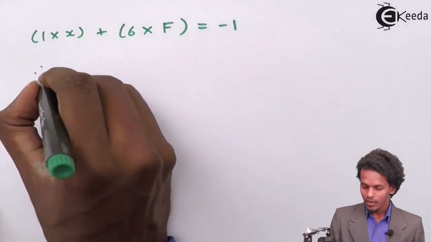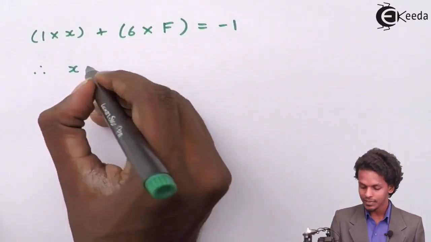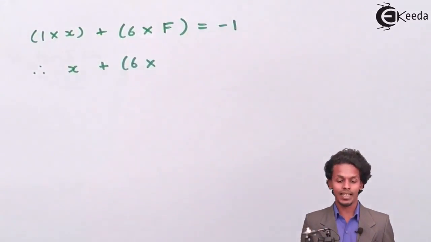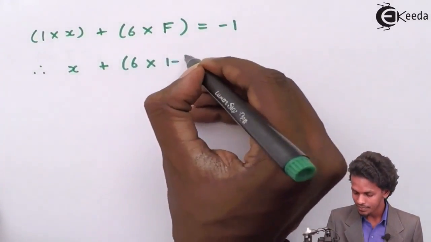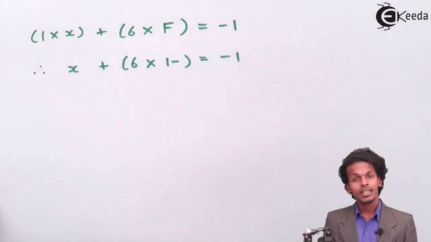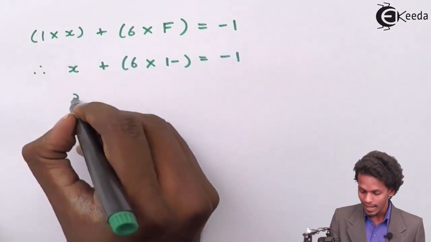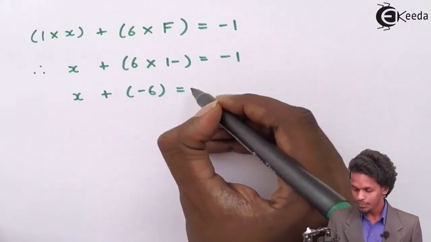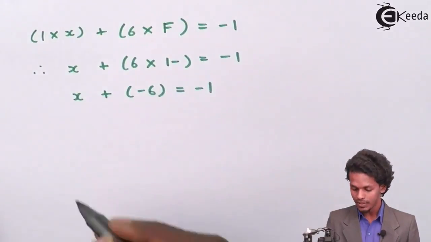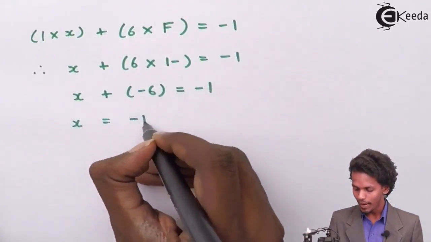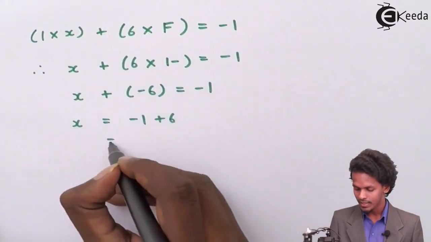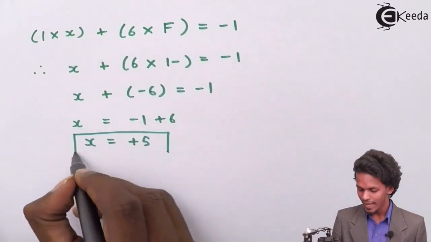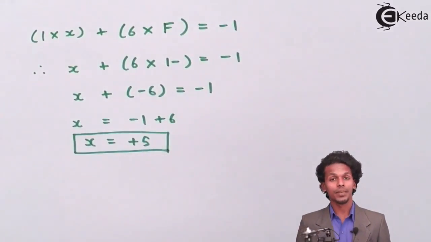So therefore, 1 into X is nothing but X, plus 6 into the oxidation number of fluorine, which is 1 minus, will make X plus 6 into -1 equals -1, which means X is equal to -1 plus 6. So the value of X has been calculated as +5.